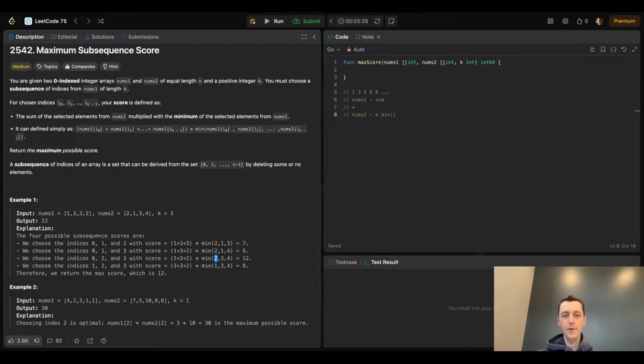So you might want to maximize values from both arrays, essentially. You want to have the maximum sum, but the maximum multiplier is probably even more important.